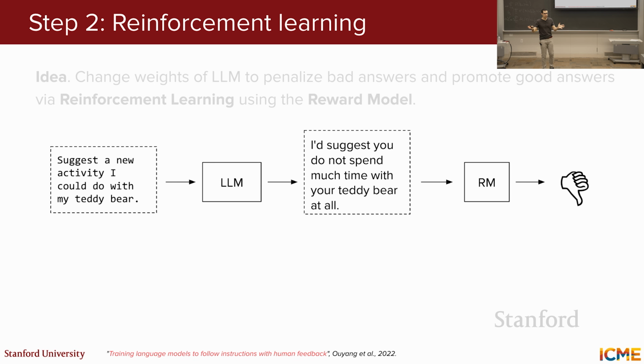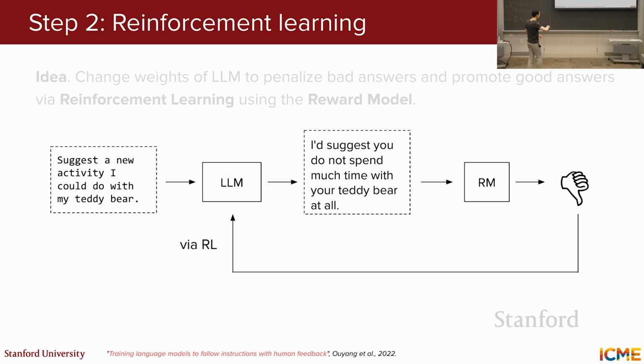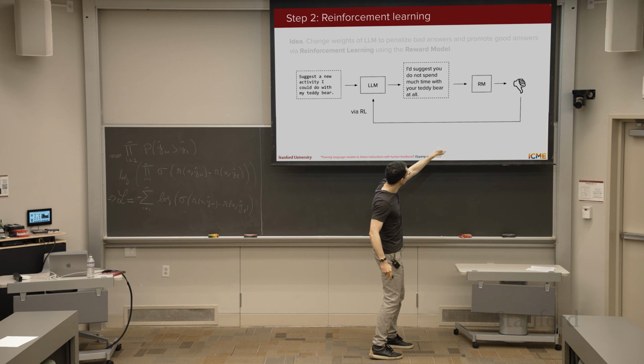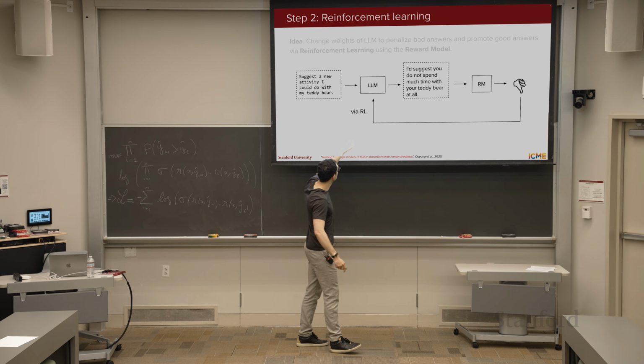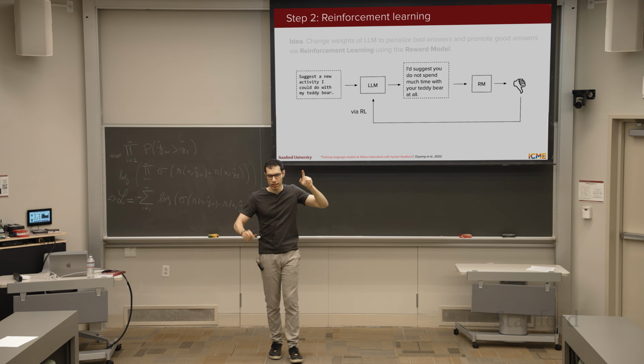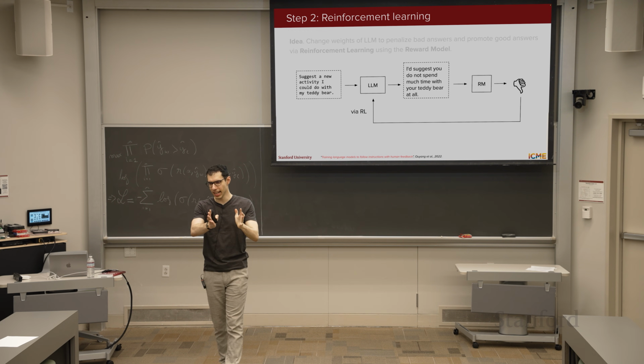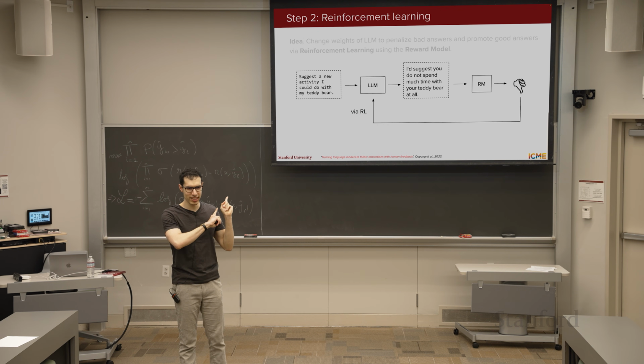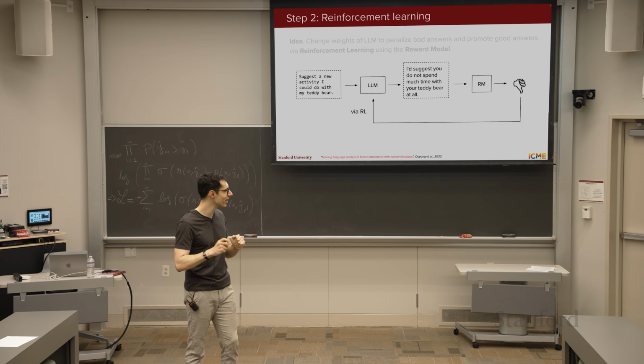As we saw, the reward model knows if it's good or bad. Let's say right now it's bad. In practice, it does not generate a thumbs down. It generates some kind of score, say -2. So we take that reward into consideration, and then we tune the LLM with this information. It's more complicated than that, and we'll see how we go about doing this, but this is the general idea.